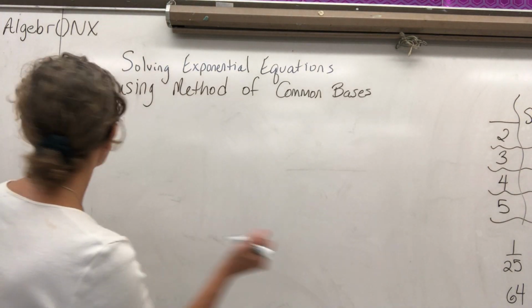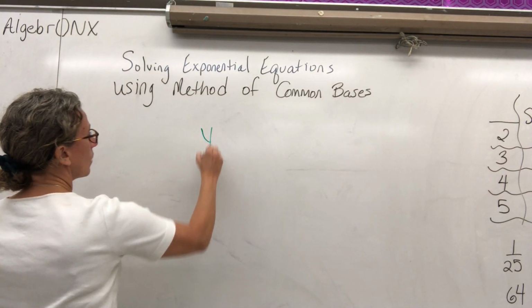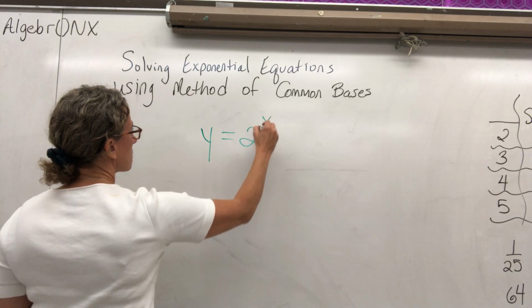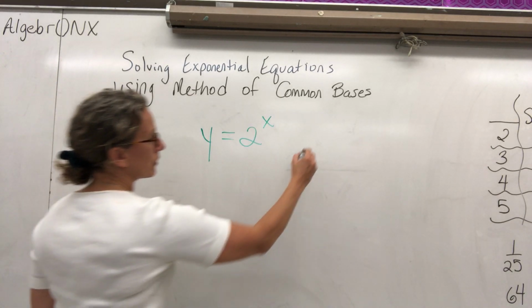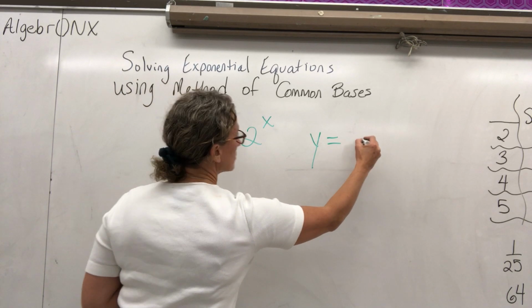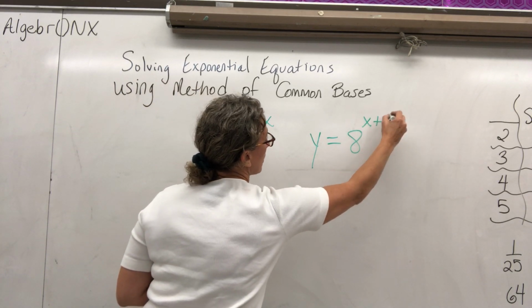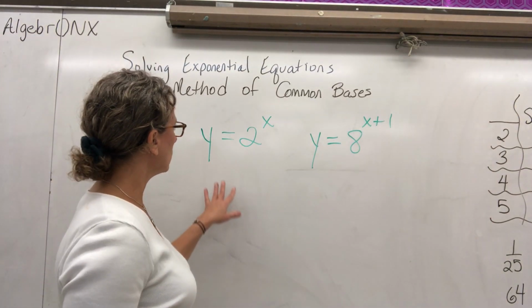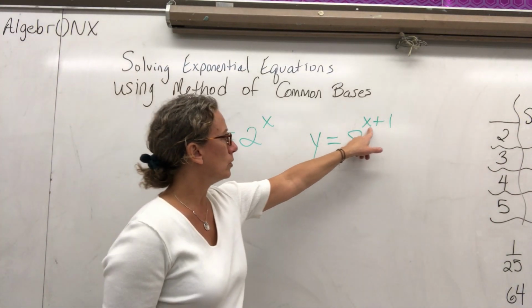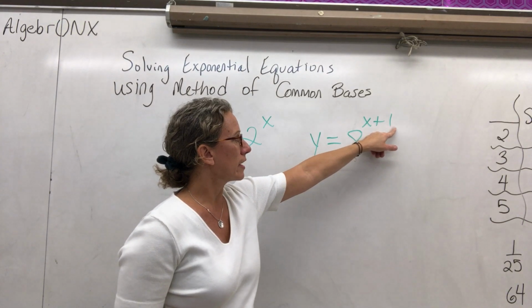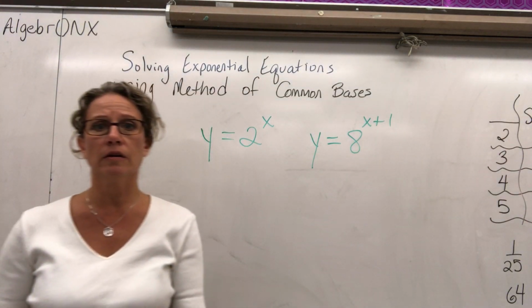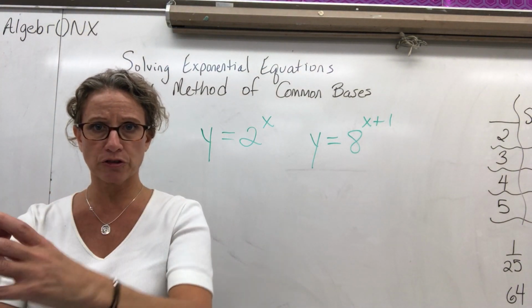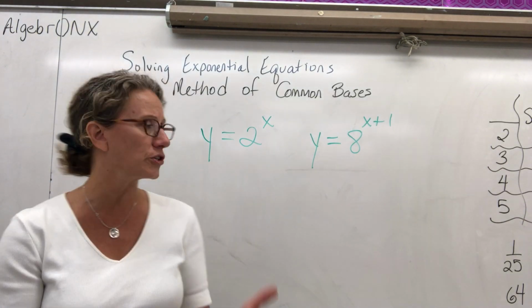Okay, so I have an example here of y equals 2 to the x. And my second function is y equals 8 to the x plus 1 power. Now, we'll find out later on that when you change the x value by adding a constant, it has an effect on the exponential equation similar to every other function.